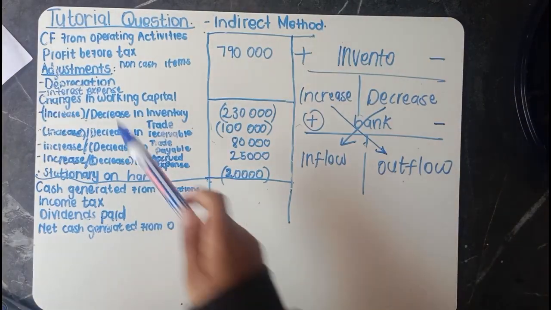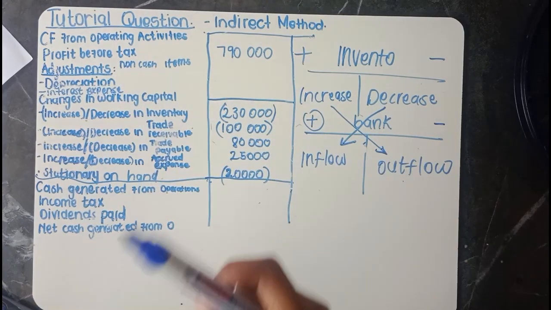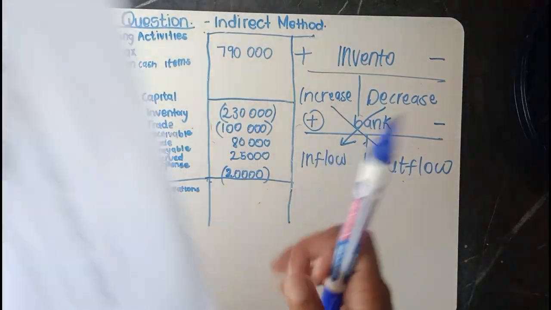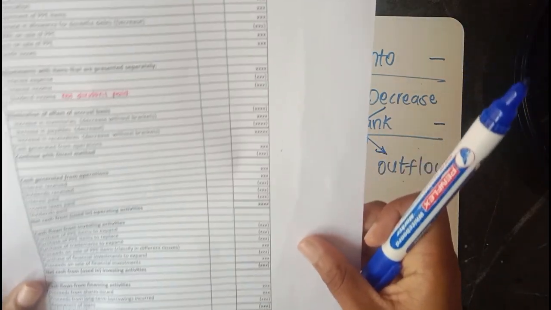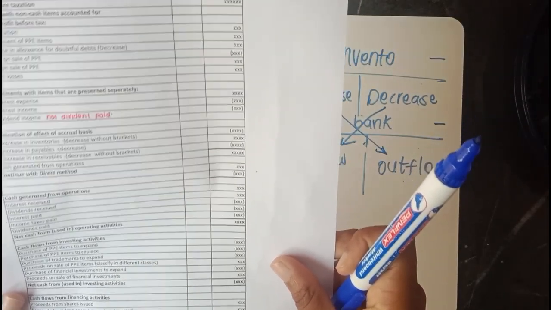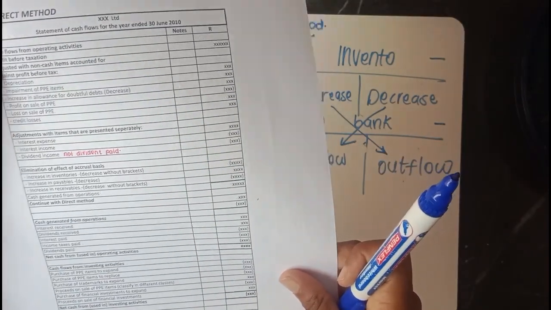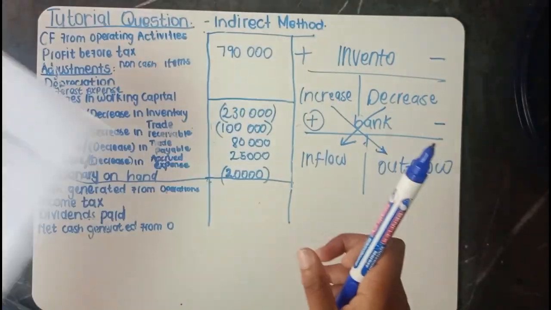The adjustment part is all the non-cash items. You're going to have your depreciation, profit on sale of asset, loss on sale of asset, credit losses, allowance for credit losses. All of these non-cash items will be allocated here, but mind the signs.